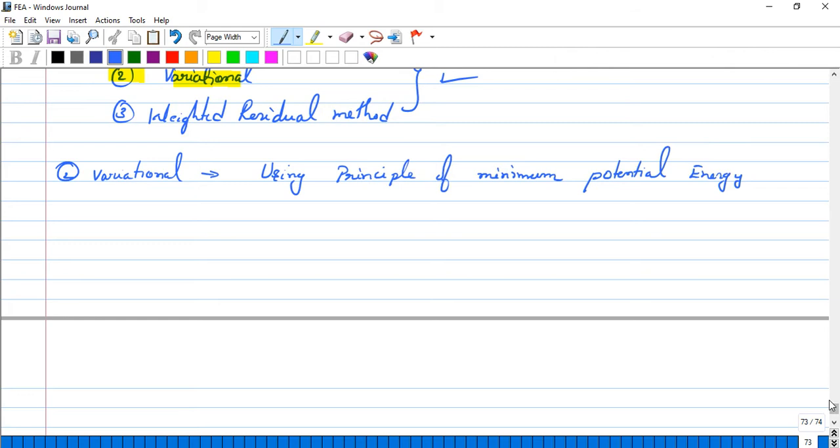Here let me consider a simple example of a bar fixed at one end, and the length will be represented by L. It is applied with a force F in the direction of X. As I said, the bar will be subjected to only axial force.